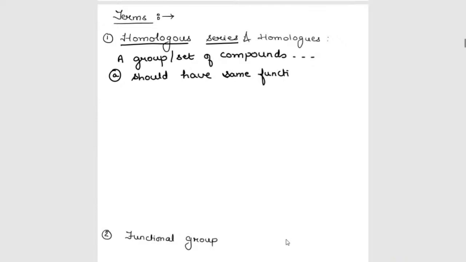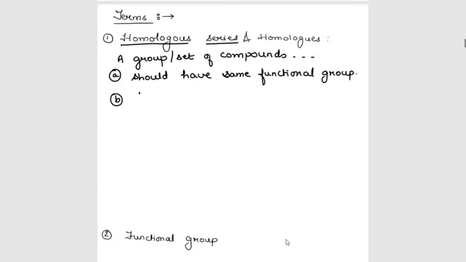If you're talking about alcohols, they should all be alcohols. If you're talking about amines, they should be amines, alkane or alkene or alkyne. Then their respective functional group should be maintained throughout the series or the given set of compounds. The complete set, whatever is asked, should have the same functional group.